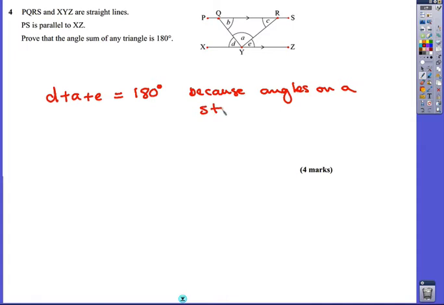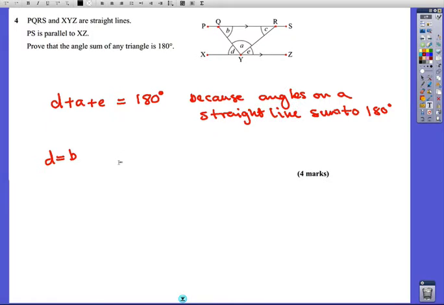And then we're going to see that D is equal to B because alternate angles are equal.